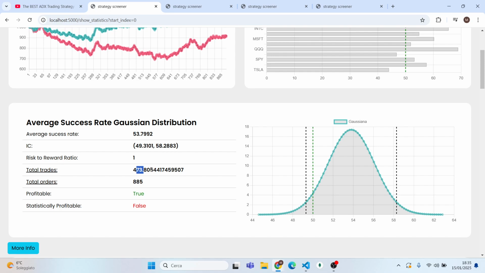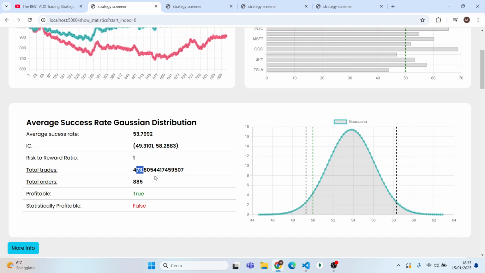In my opinion, I think that in order to think about a good trading strategy, you must have at least 2000 trades. From 2000 trades and more, you can start to think, okay, maybe this strategy will be really profitable in the future.